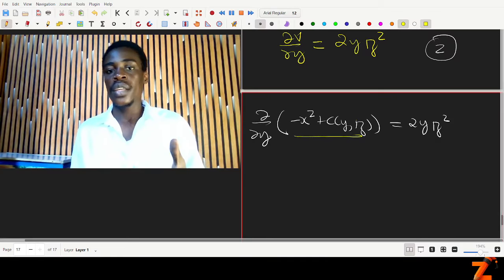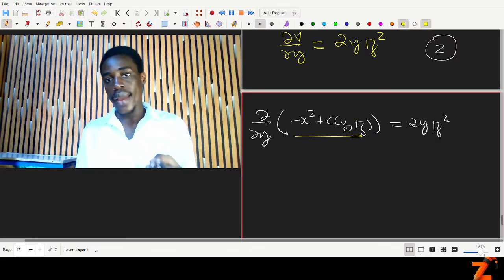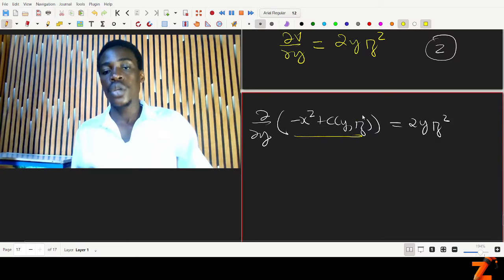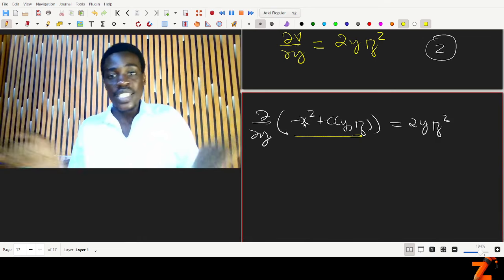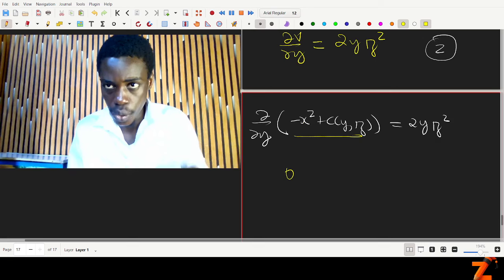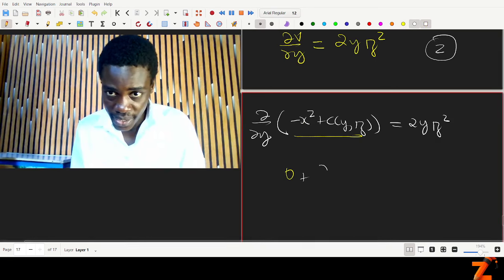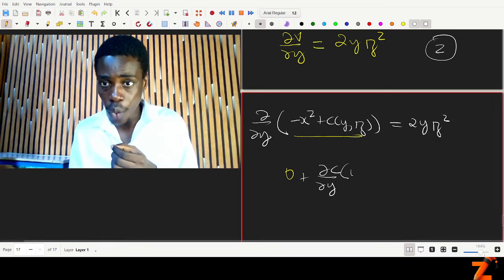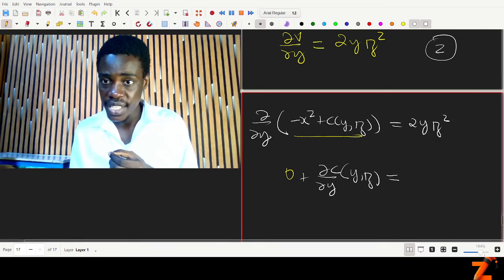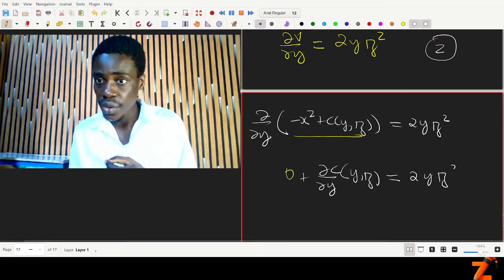The variable here is y. Now the derivative of x squared with respect to y is 0. So I obtain here 0 plus the derivative of c, which depends on y and z, equal to 2yz squared.